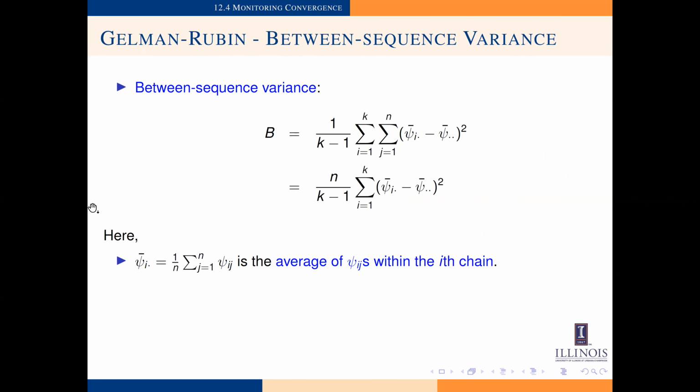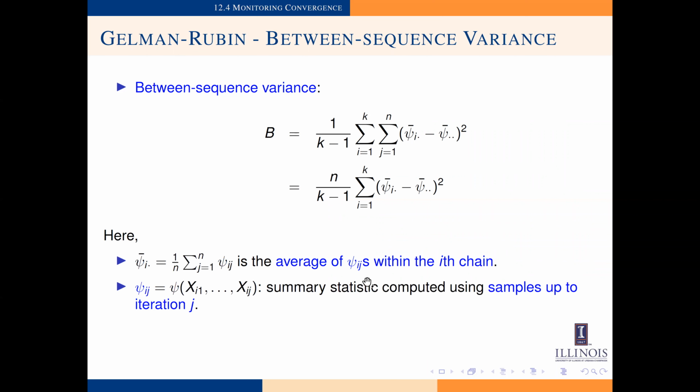Here, psi_i-dot-bar is the average of the psi_ij's within the ith chain, where psi_ij is the summary statistic computed using samples from the first iteration to the jth iteration in the ith chain. For example, if psi is the mean, then psi_ij will indicate the mean of x_i1 all the way up to x_ij in the ith chain.